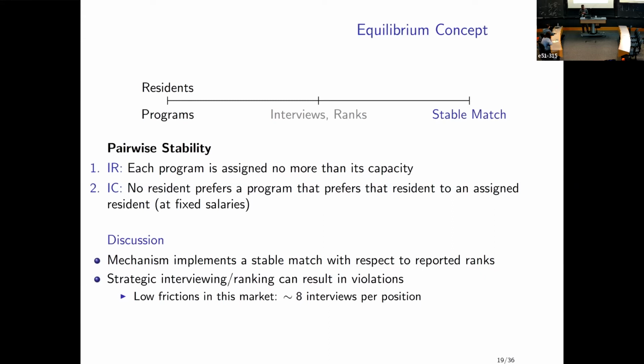The first thing that you might ask is, is stability a good assumption, and why might it not be a good assumption? There are a couple of things here. There's an interview process, and the interview process might result in violations of stability, right? Maybe the right person is not interviewed. Any other reasons why stability might not be exactly right?